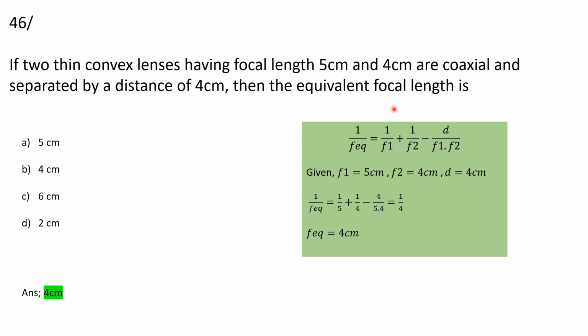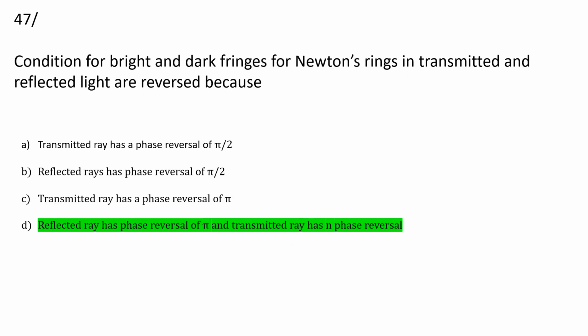And we know the formula for it, that is 1 by f equivalent is equal to 1 by f1 plus 1 by f2 minus d by f1 f2, where f1 is the focal length of the first convex lens, f2 is the focal length of the second convex lens, and d is the distance of separation. So by putting all these values here, we can find that f equivalent will be equal to 4 centimeter. So here the final answer is 4 centimeter.